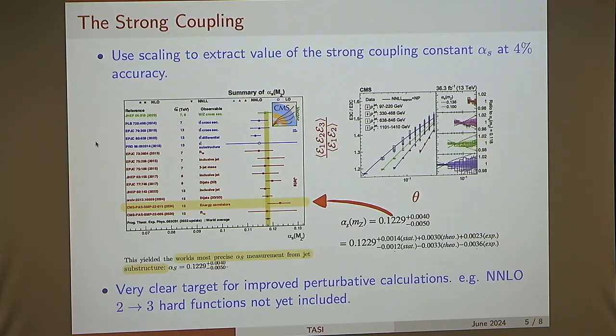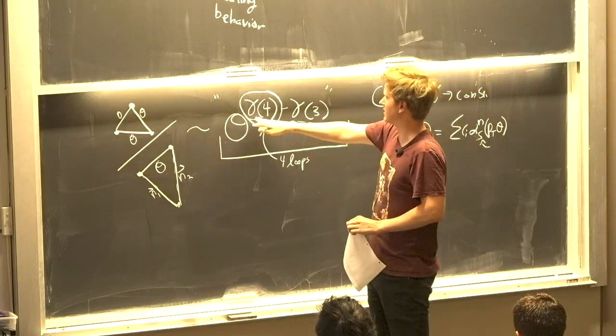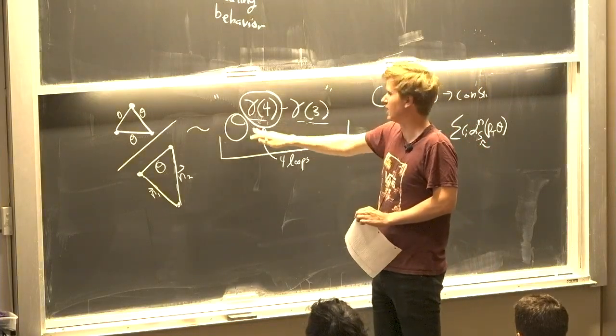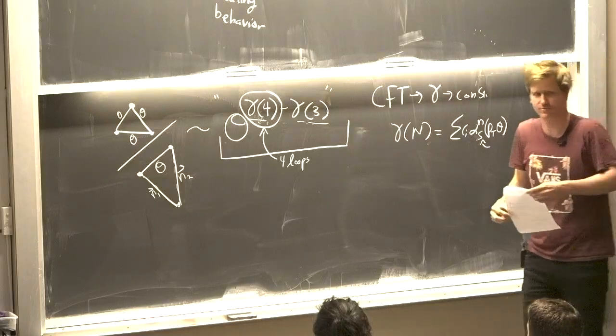For example, in QCD, this is known to 4 loops. You can then use this to extract, for example, the value of the strong coupling constant. The nice thing, coming from the CFT perspective, is that it tells you to look for this scaling behavior and allows you to extract properties of QCD from that.